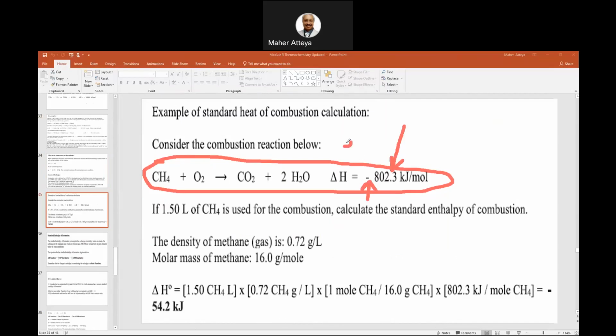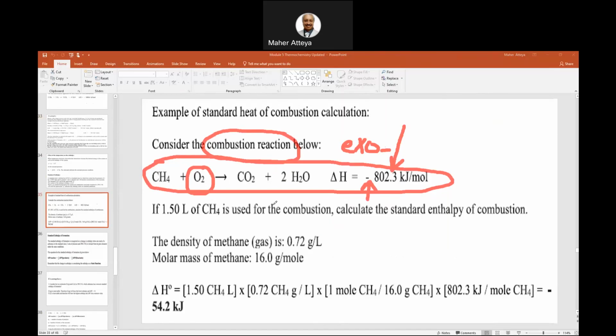This is negative. Exactly, perfect. Thank you. This is exothermic, exo, because you have a negative sign. This is a thermochemical equation. This type of reaction is called a combustion reaction. Dealing with pure oxygen, you have to deal with a combustion reaction.